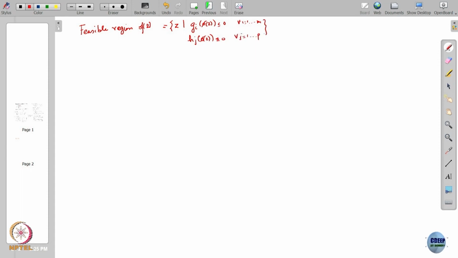This is the feasible region of 2. Now, look at phi of the feasible region of z. Look at all the values of phi of z for which z is feasible, in which z lies in the feasible region of 2. And this is obviously contained in all the x's that are feasible for star.